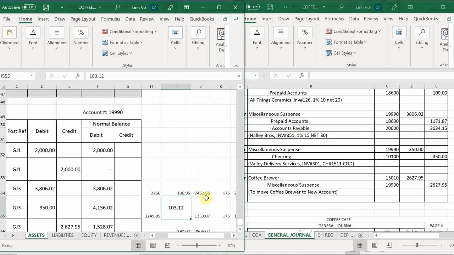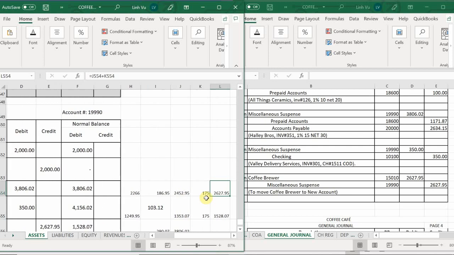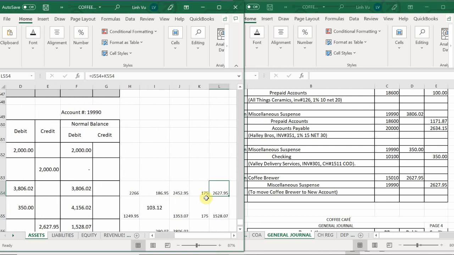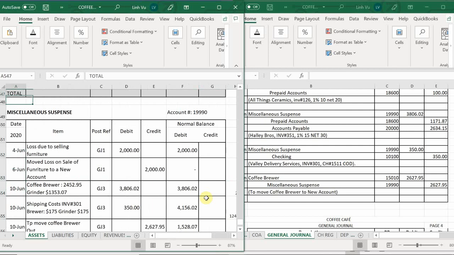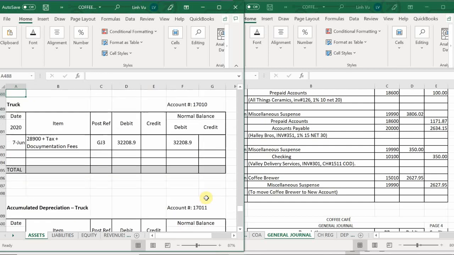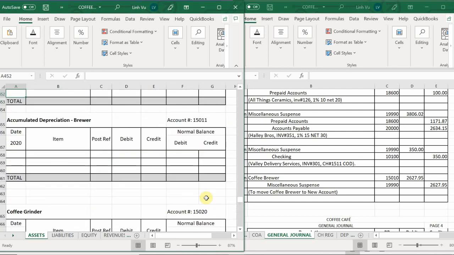So here it cost you 2,266 plus tax of 186.95 and then 175 freight. Oh, but we don't have the total for the 2,627.95? Yes, that we have to calculate now for the total of the coffee brewer we have.